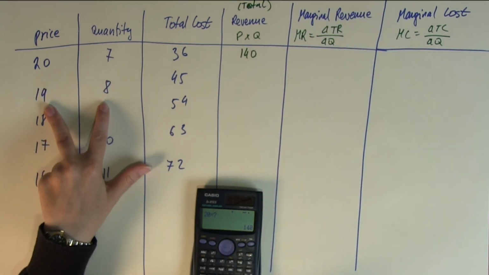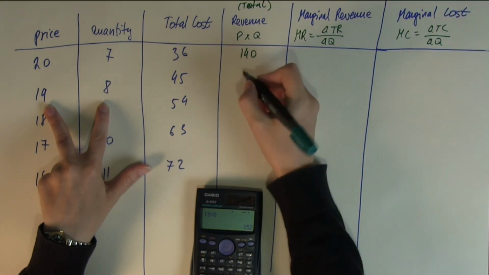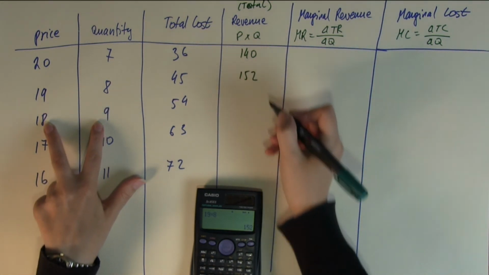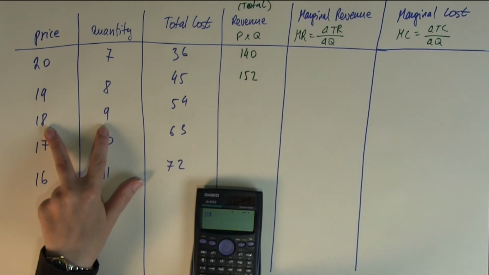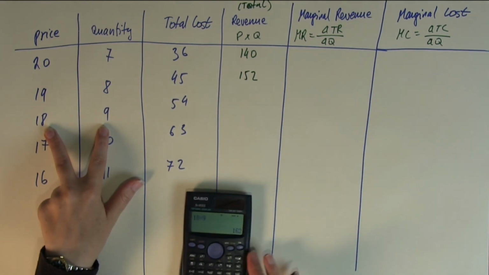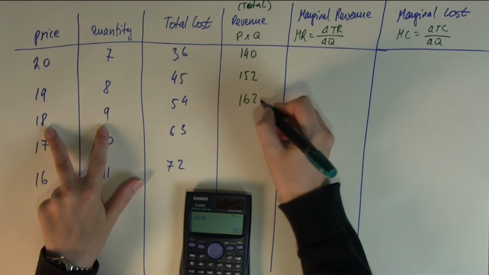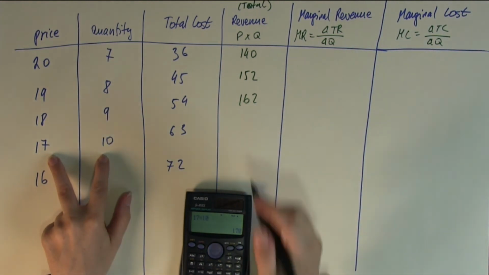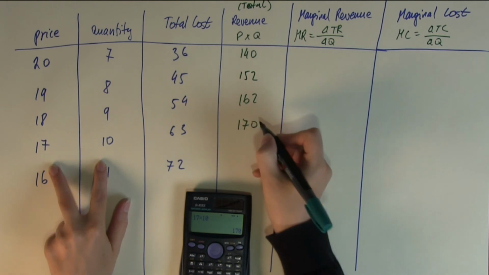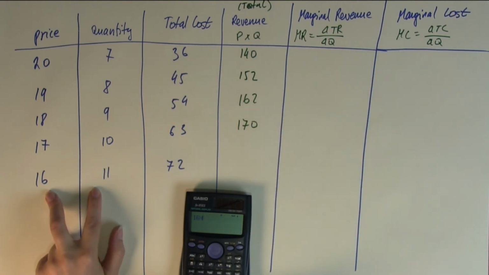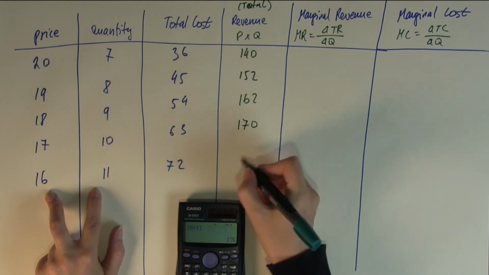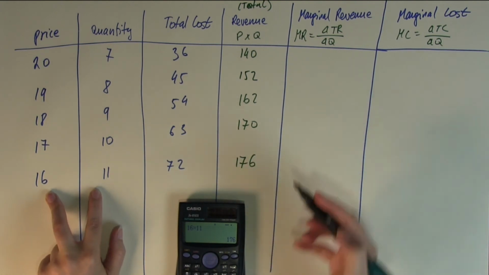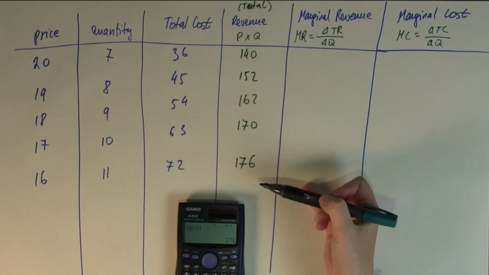The total revenue here would be 19 times 8, which is 152. In this case, 18 times 9, which is 162. 17 times 10, which is 170. And 16 times 11, which is 176. Now I've got all the total revenues.